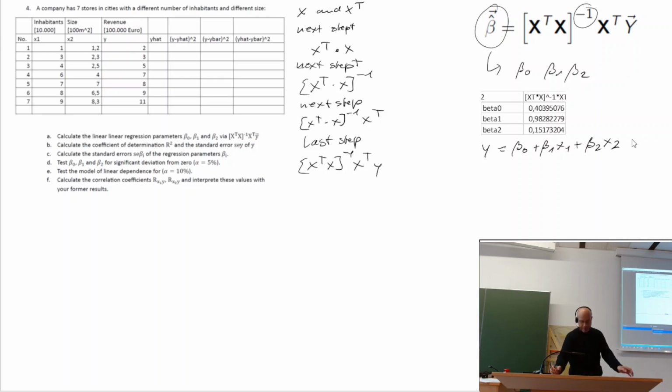And in the next step, we can calculate the values which we would obtain theoretically if we apply our three estimated values beta. And this we will then do.